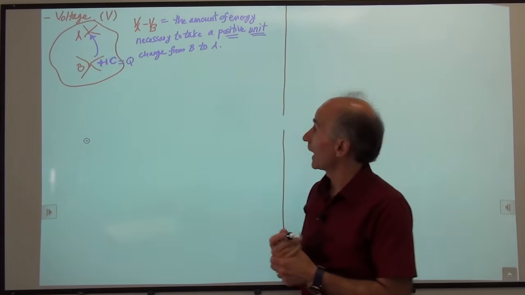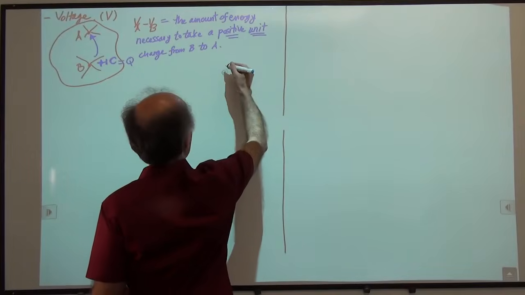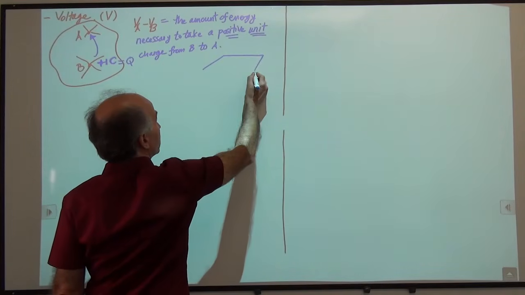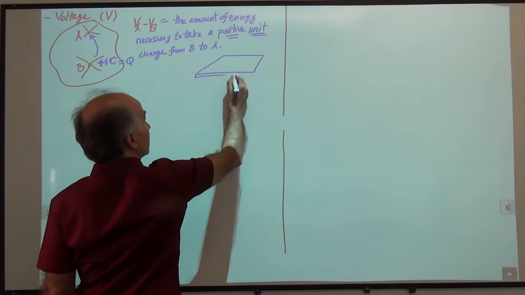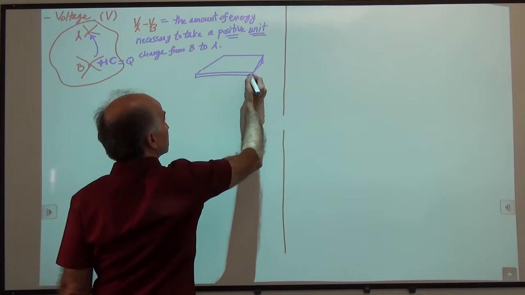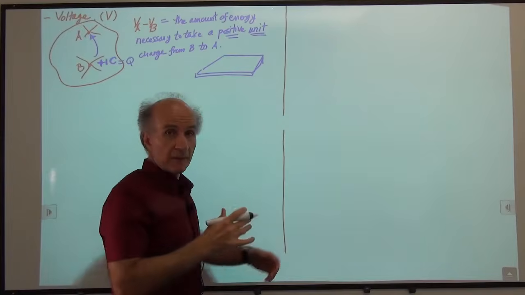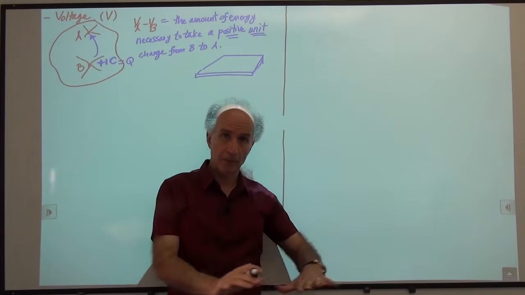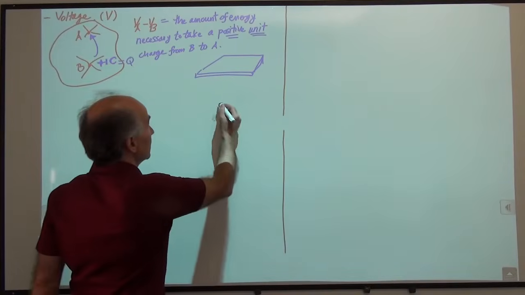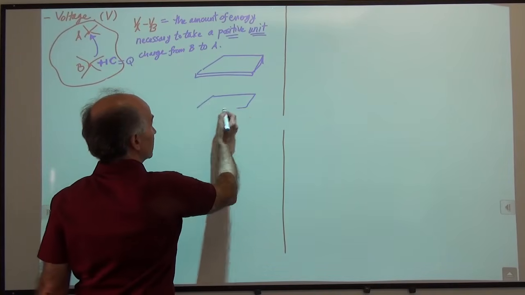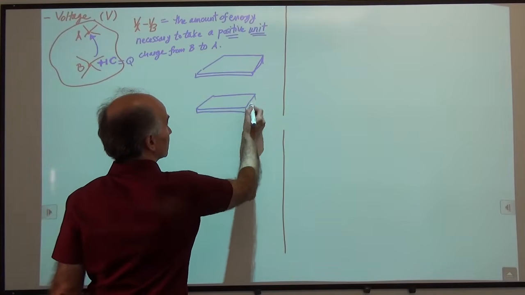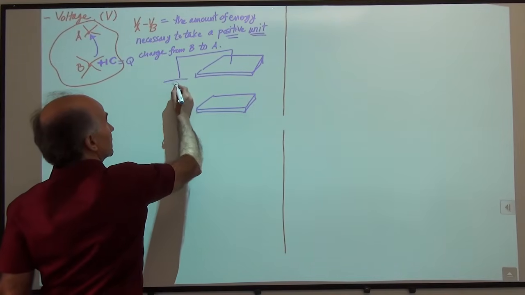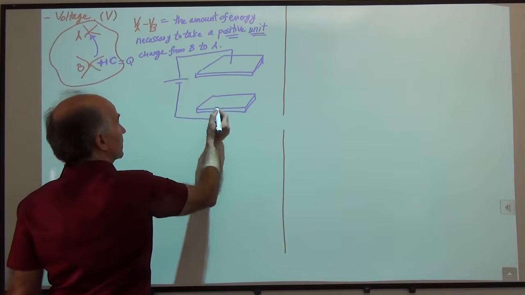Another example that I can offer is something like this. Suppose we take a conductive plate, a big piece of metal plate up here, and another big piece of metal plate down here, and we connect a battery between these 2 plates.